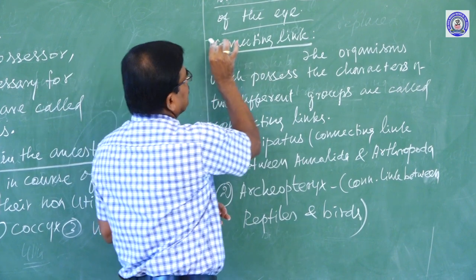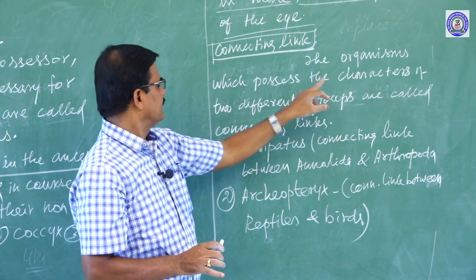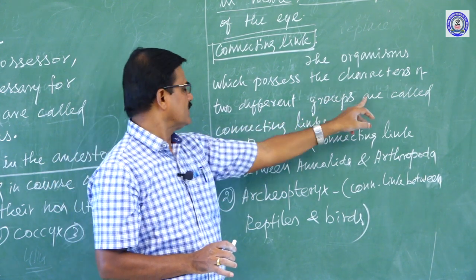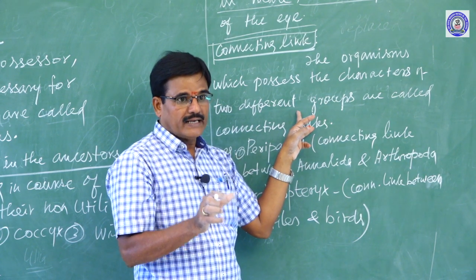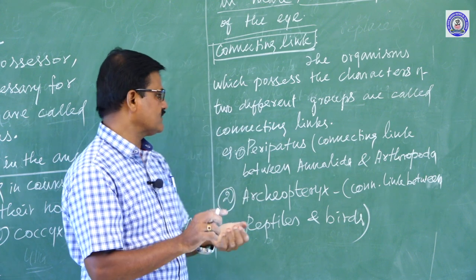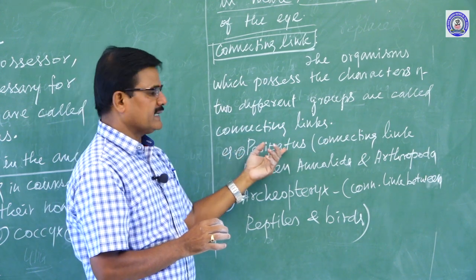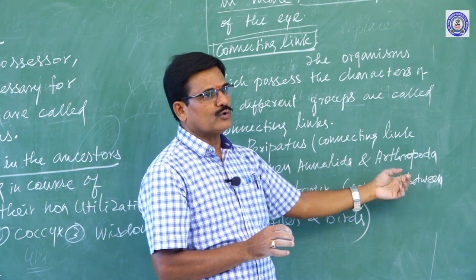Next, the last heading is connecting link. The organism which possesses characters of two different groups is called a connecting link. For example, Peripatus. Peripatus is the connecting link between Annelida and Arthropoda.